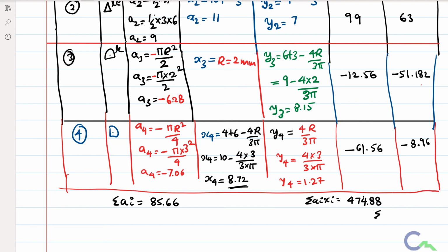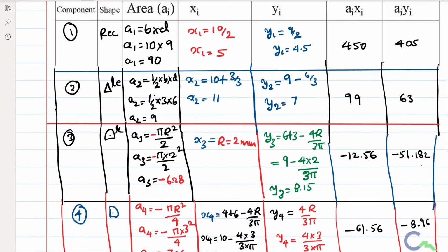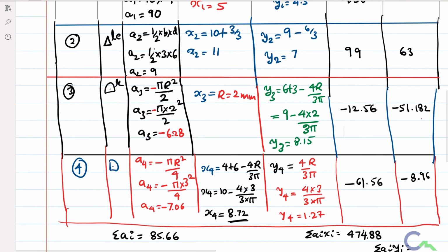Then we have sigma Ai yi. So the first value we got is 405 plus 63 minus 51.182 minus 8.96, we'll get 407.85.